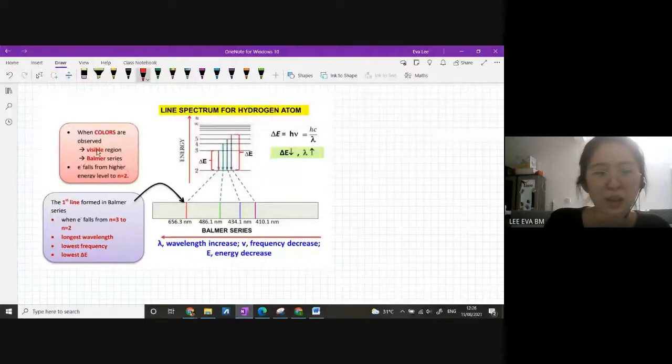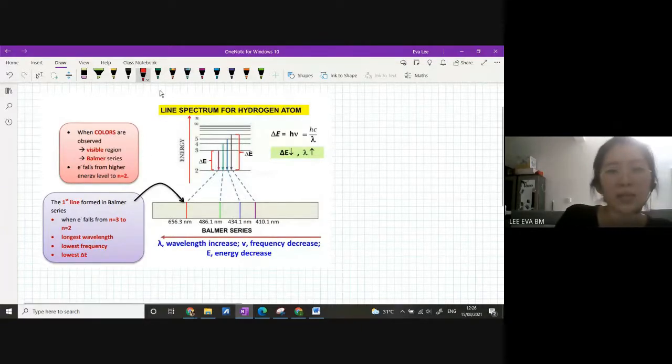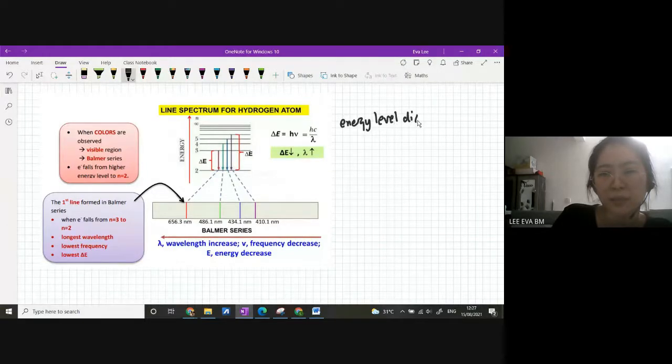Okay, so Madam highlights here. When colors are observed, the colors are observed here in the line spectrum. So let's say I write something down here. This diagram is your energy level diagram. The bottom one is your line spectrum.